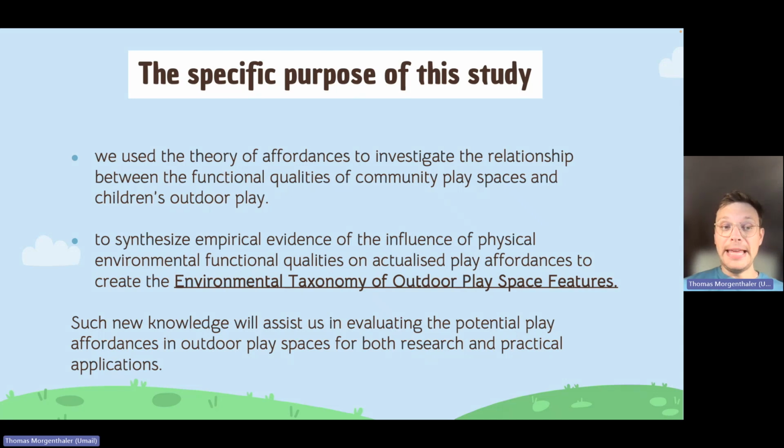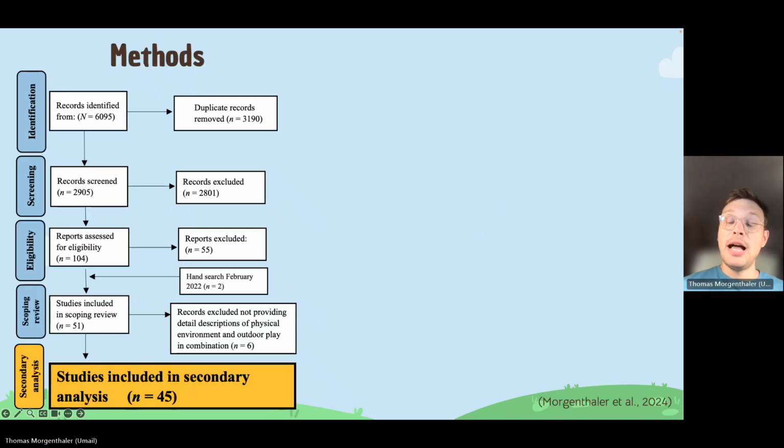We anticipate that such knowledge will be helpful to evaluate existing play spaces for their potential play affordances. This is a very, very useful approach that is evidence-informed and that helps research and practice application.